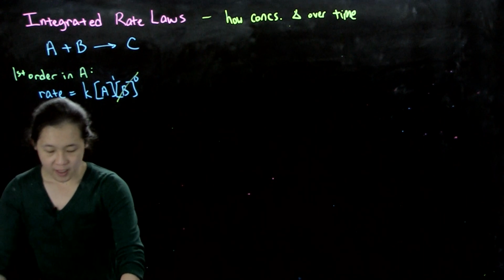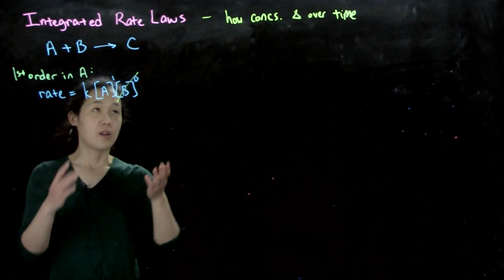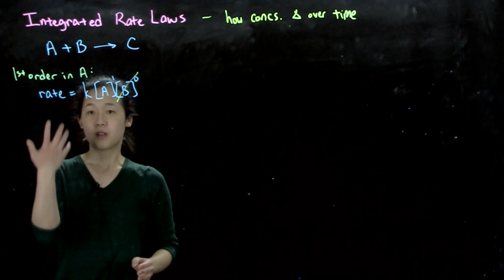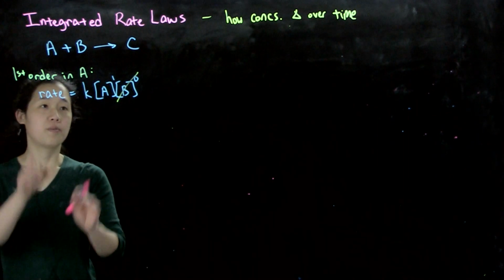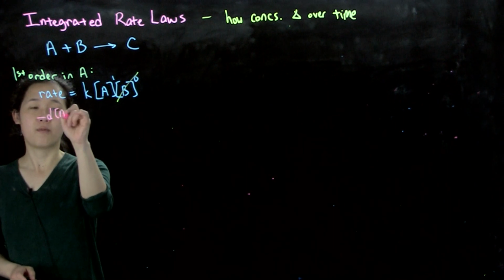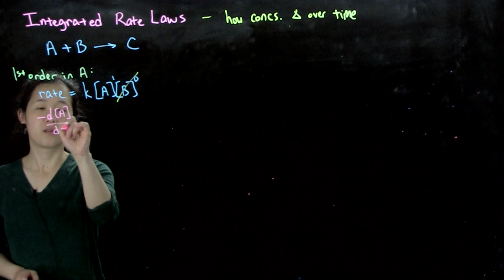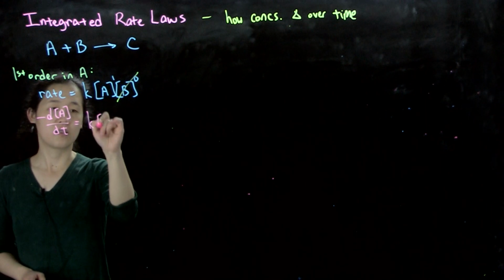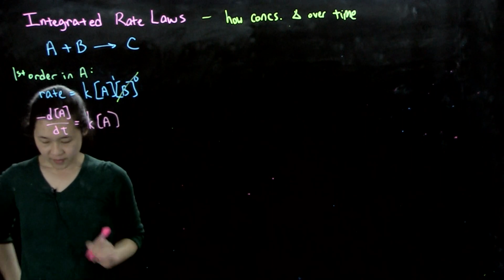So if we want to figure out what the integrated rate law is, we'll first start off with the actual rate law. By this equation, what we mean is that the consumption of A over time equals K[A].